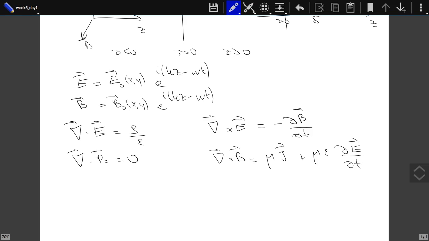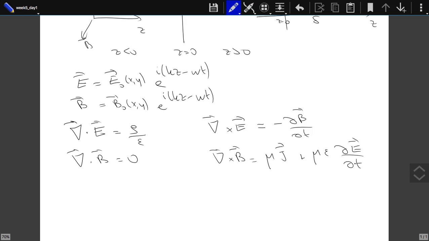Now, why I added those rho and J is mainly because I'm looking at the boundary conditions, so I should be able to compare what's happening inside my conductor and just outside my conductor. Since it's a perfect conductor, I cannot really prevent rho from appearing.